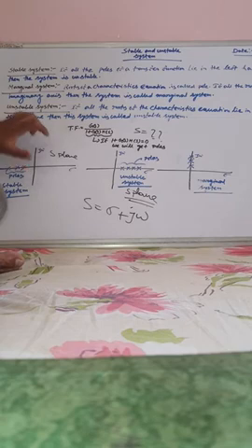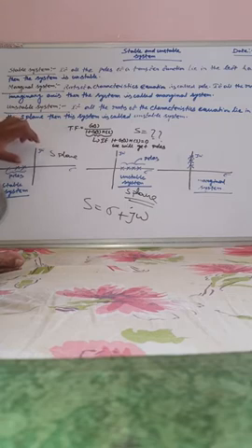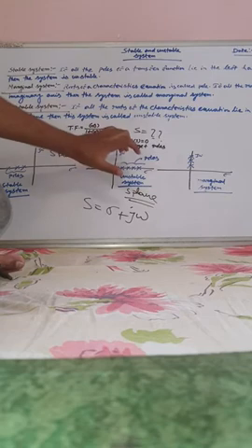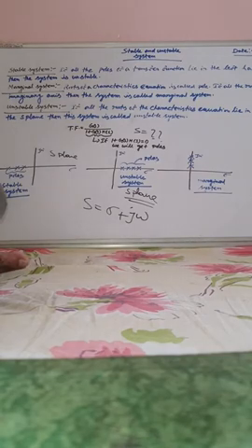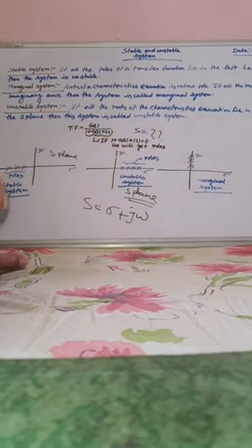This is stable because the poles are lying in the left half of the s plane. Here poles are lying in the right half, so this is an unstable system. Here poles are lying on the j omega axis or the imaginary axis, so this is a marginally stable system.